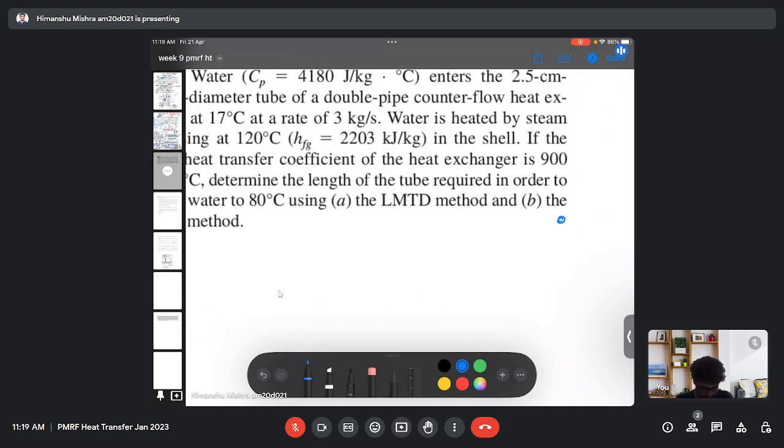So we have been given the water here. This is my water inlet temperature, which is 17 degrees Celsius, and it is coming out from here at 80 degrees Celsius.